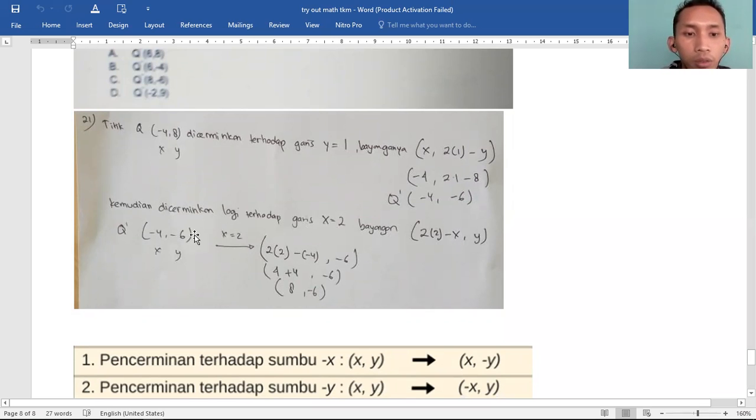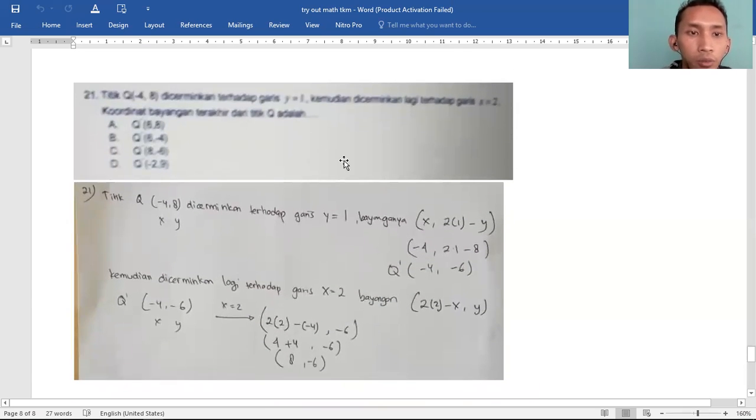From Y will be still Y, but X will change to 2 times this one minus X. 2 kali 2 negatif 4. 4 plus 4 and negative 6 is here. Okay, that's how to solve it.